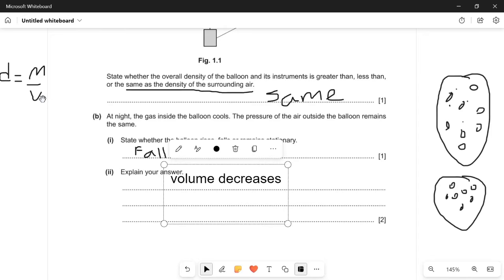Since volume is inversely proportional to density, if volume increases, density decreases. They're opposite. So when volume decreases, the density is going to increase.